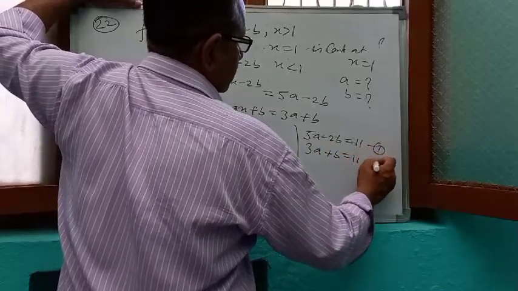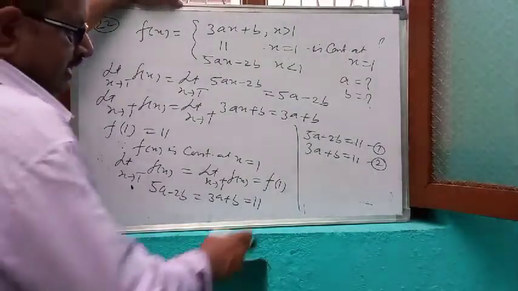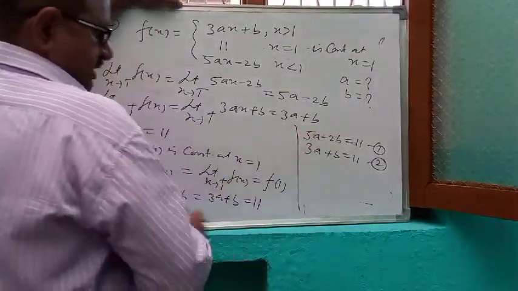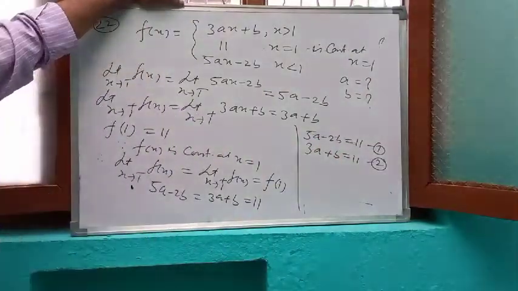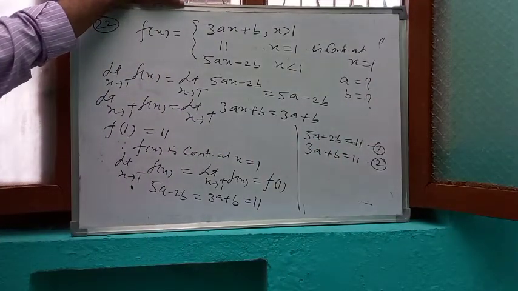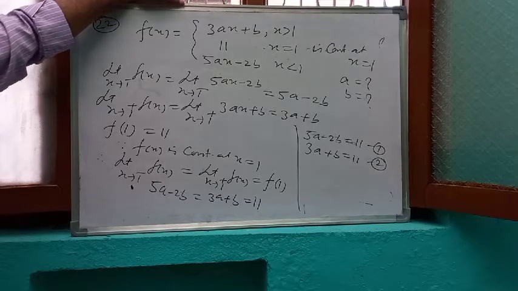This is the first equation and the second equation. So we are getting simultaneous linear equations in the variables a and b. Solve these two equations to find the values of a and b.